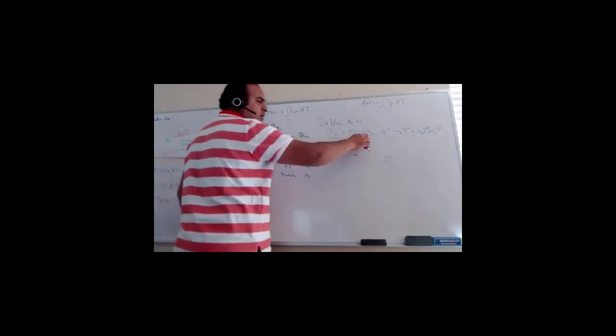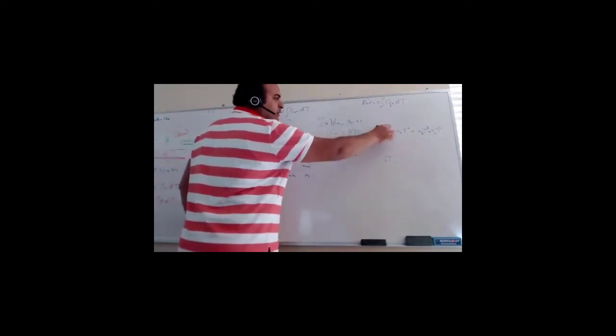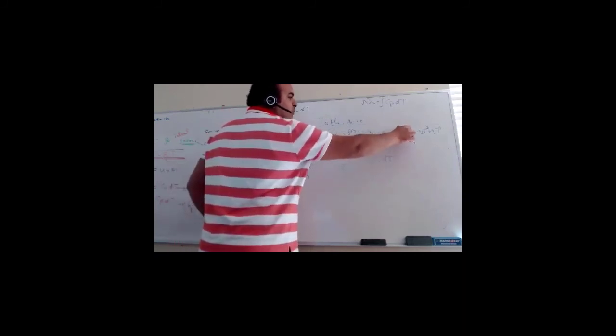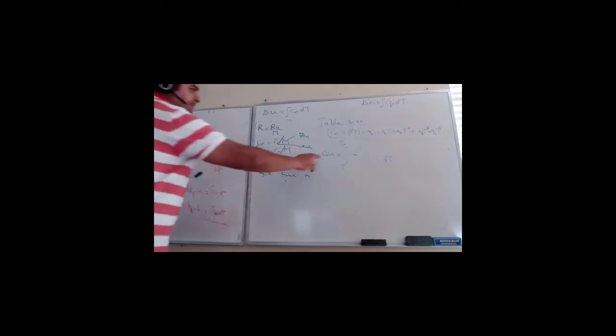The first term will be multiplied by T, the second T squared over 2, the third T cubed over 3, the fourth T to the 4 over 4. You have A0, A1, A2, A3, A4 for different gases. These are gas properties. Substitute them, integrate from T1 to T2, and you get the change in internal energy.